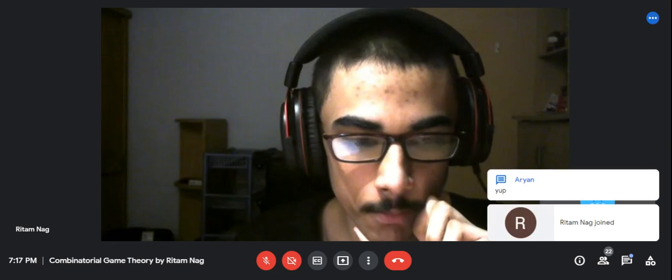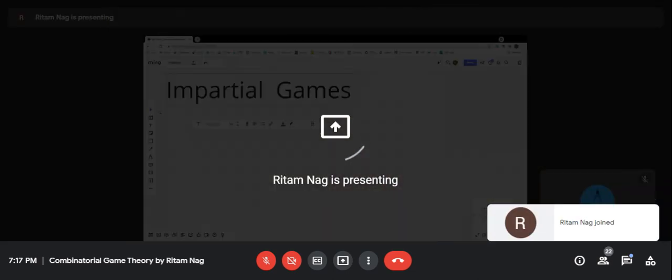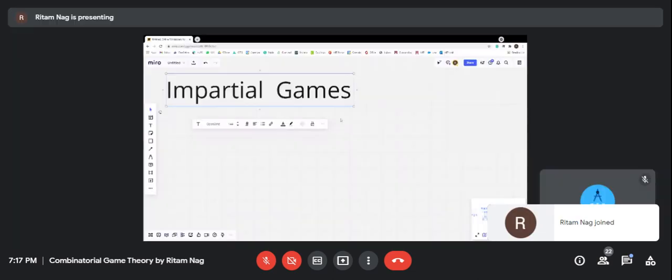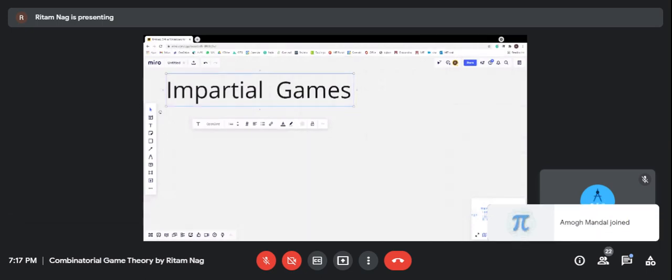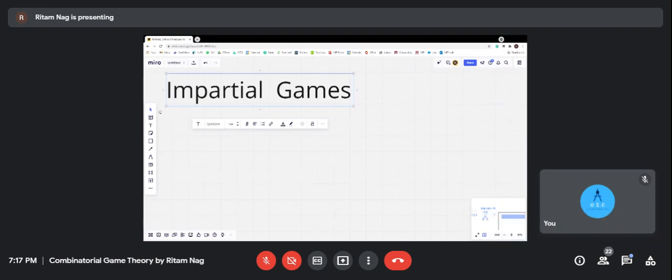So I was talking about impartial games. Impartial games are defined as games which are equivalent for both players. If you switch the players, the moves remain the same, like the moves that they can legally make. For example, NIM is an impartial game because if you are the first player, you can take any number of stones from any pile, and if you are the second player, you have exactly the same set of moves.